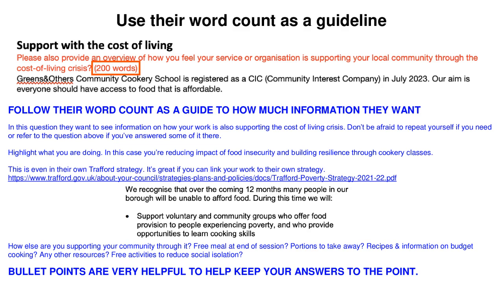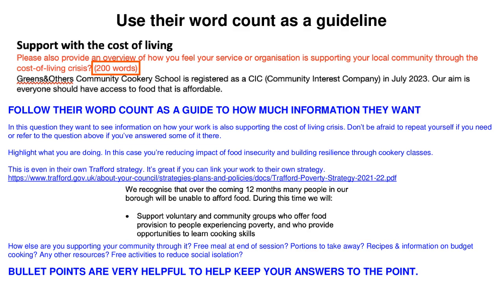Perhaps you already knew this when you wrote it, but don't be afraid to point that out and link it back into how you're supporting your community through the cost of living crisis, because cost of living is directly linked to poverty. And this strategy quite clearly says that they believe cooking skills are important to alleviating poverty.